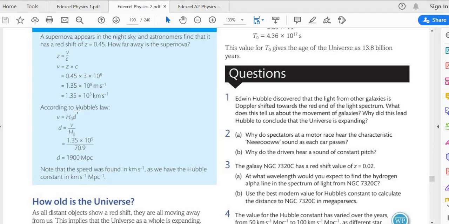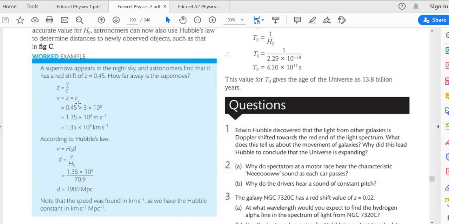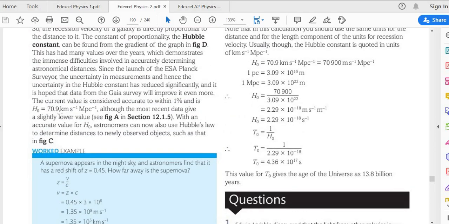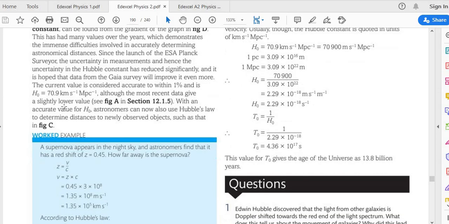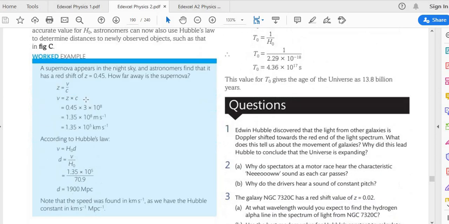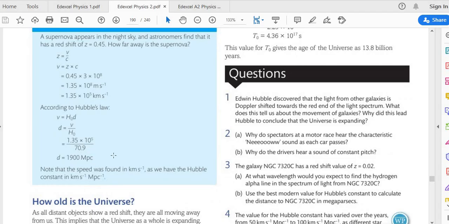This is the value. Then according to Hubble's law, v equals H naught d. Then d is equal to v over H naught, which is 1.35 times 10 to the power 5 divided by the Hubble constant, which we learnt, 70.9, in kilometers per second per megaparsec.